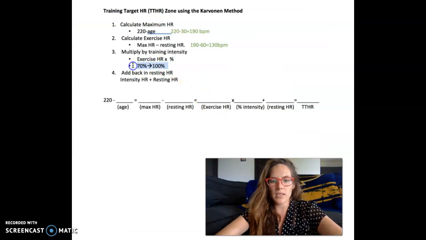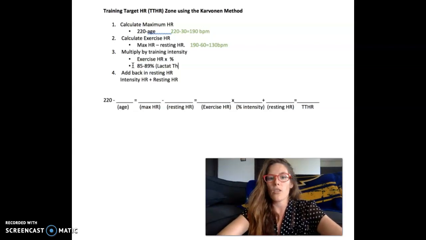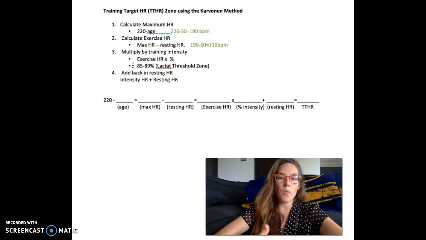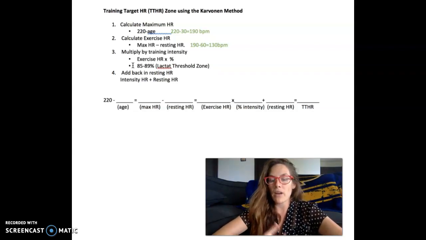We're going to use 85 to 89% because we're working on our lactate threshold zone. Now, if I wanted to work on my aerobic foundation, I would pick different numbers, 80 to 84. So it just depends on what area you are trying to train.